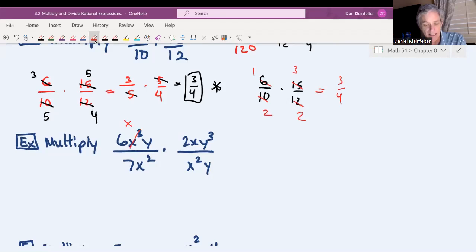That will leave just a single x in the numerator and a 1 in the denominator. And that's it for the first fraction. For the second fraction, we have an x in the numerator and an x squared in the denominator. If we divide the numerator and denominator by x, that will leave us with a single x in the denominator and a 1 in the numerator.